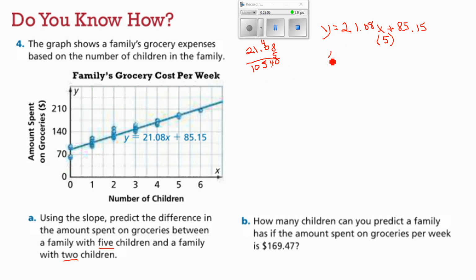So this is going to be y equals $105.40 plus $85.15. I'm going to go ahead and put this underneath since we're adding, to make it easier.